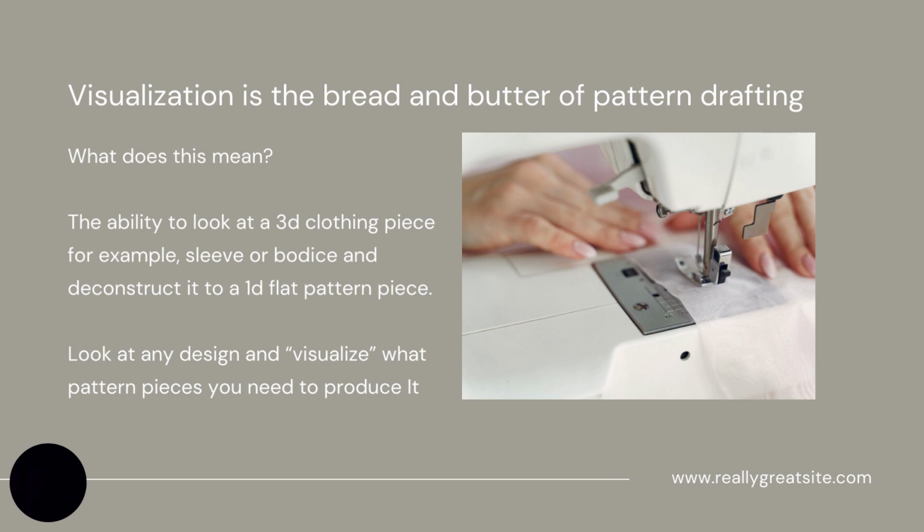And this skill is important because you need to be able to deconstruct three-dimensional objects into the pattern pieces that you'll be drafting in order to go back the other way and turn them into those three-dimensional clothing pieces once again by yourself with your own hands.